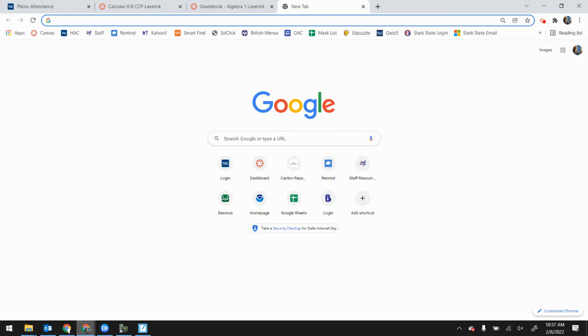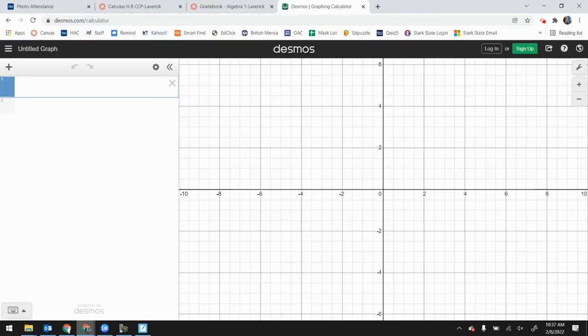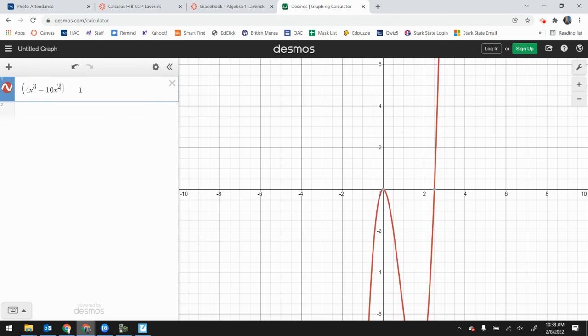Desmos. Like when it goes to infinity. I think so, because that is the definition. This is going to 0. 4x. Do that third. No. Minus 10 squared.